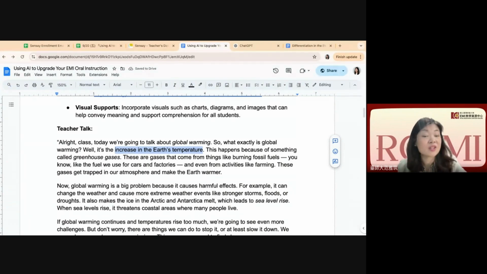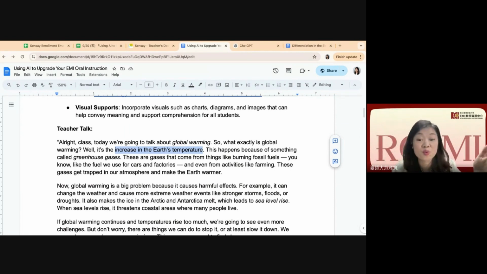And you continue to explain this happened because of something called greenhouse gases. Again, the terminology is up there, greenhouse gases. Then you explain, these are gases that come from things like, with a picture, burning fossil fuels. Then you got a power plant, right? You got those smokes up there.